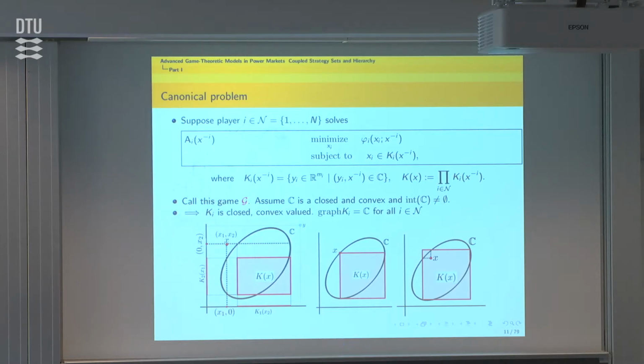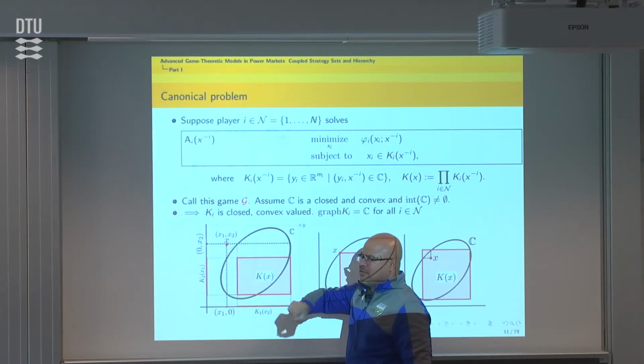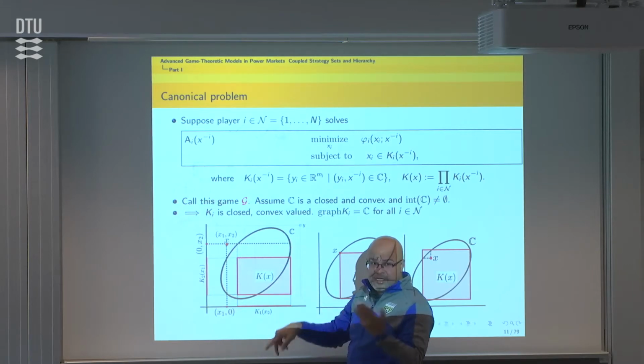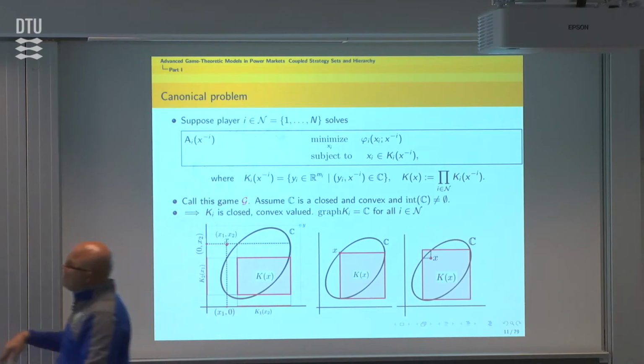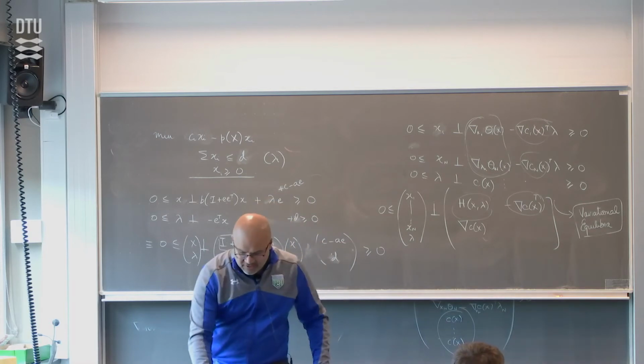Now let's take the case where the tuple of decisions x1, x2 did not lie in C. It needed to lie in C. That was our point, that x1, x2 have to satisfy this constraint. That's like saying c(x1, x2) is non-negative. That's not the case there in the first picture.